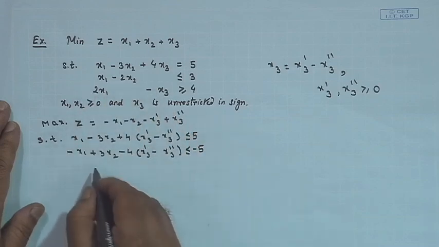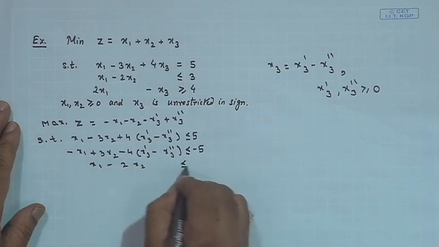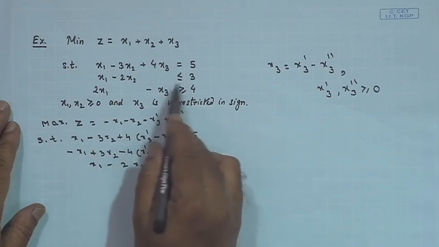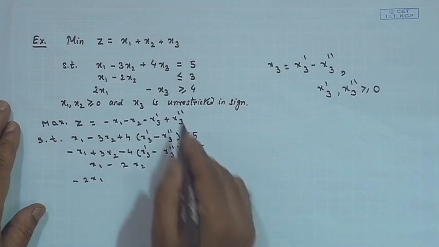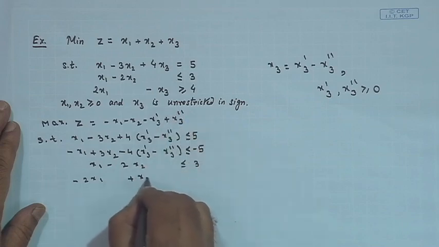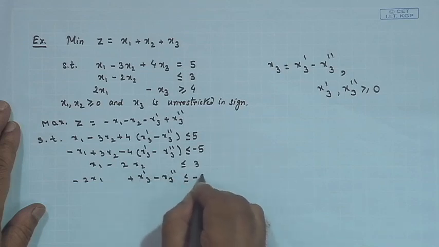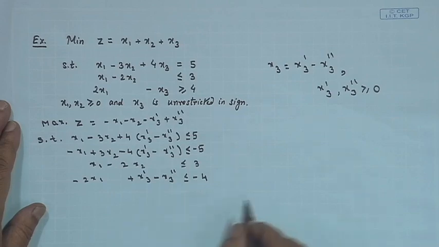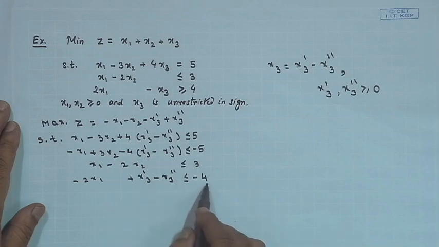The next one remains as it is, x1 minus 2x2 less than or equal to 3, and here I have to change the greater than or equal type into less than or equal type. So, minus 2x1 plus x3 dash minus x3 double dash less than or equal to minus 4.